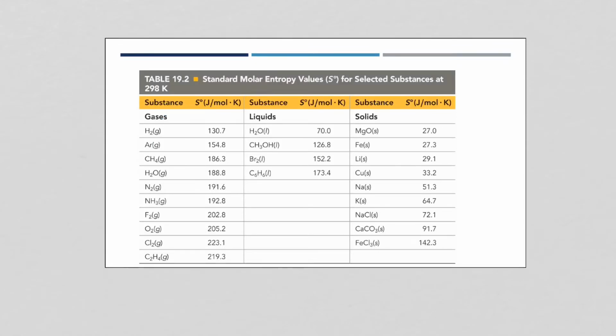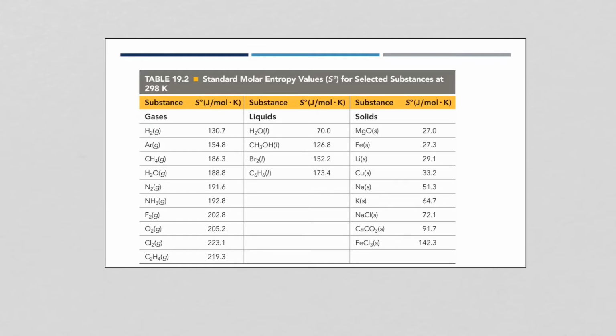So if we just look at a table, there's not a whole lot I want to point out, except that there will be a much bigger table in the appendix, the same appendix that we've been looking at. It's the first table in Appendix 2, and it lists all of our thermodynamic values. We use the values of delta H of formation.